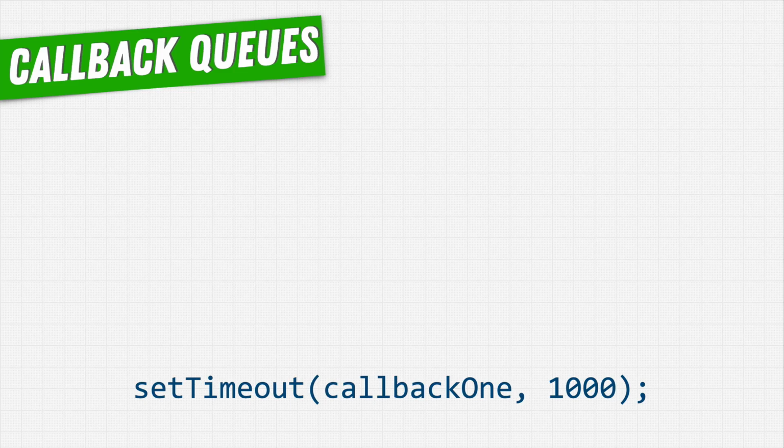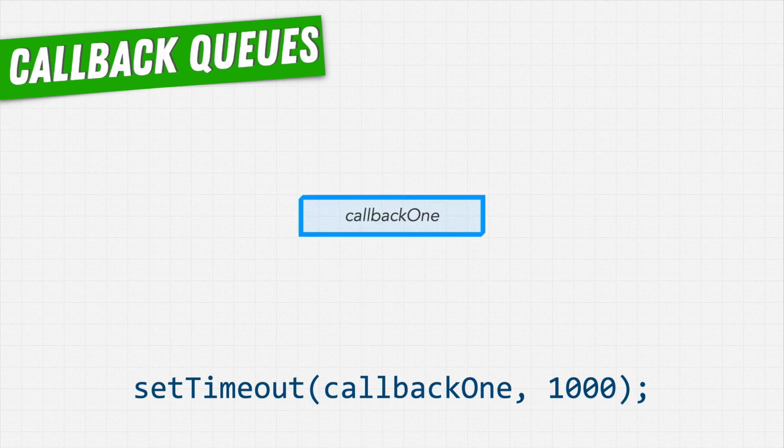Say our asynchronous operation was this setTimeout that waits for 1 second before attempting to call a callback that we're going to call callback1. What happens is that when this timer expires, when 1 second has passed, our callback is added to this queue to be executed as soon as possible.